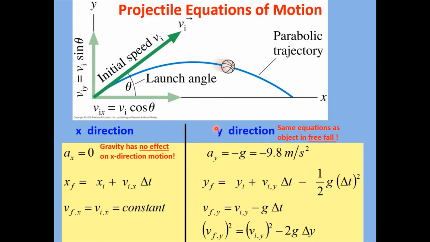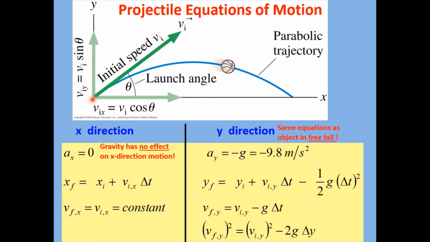Each of these has its own set of equations that are going to describe the motion. So one of the first things we're going to do is take the initial velocity vector. The initial speed is v sub I, at angle theta, and we're going to decompose this vector into its horizontal and vertical components, which we'll work with separately.